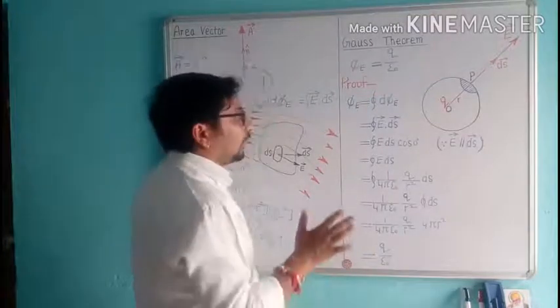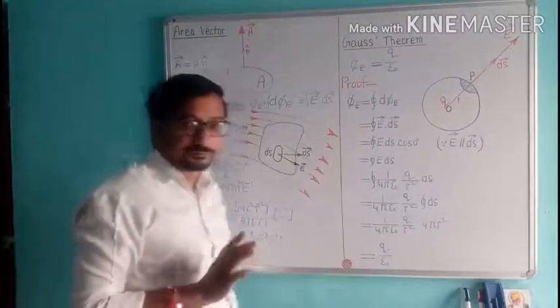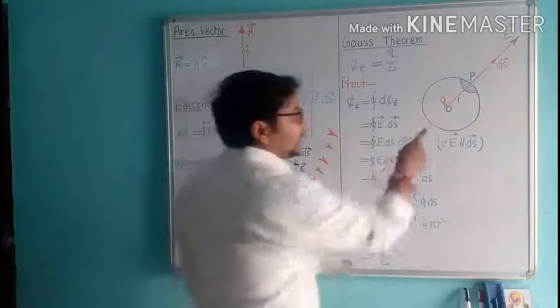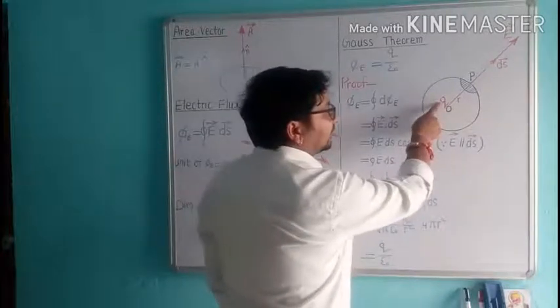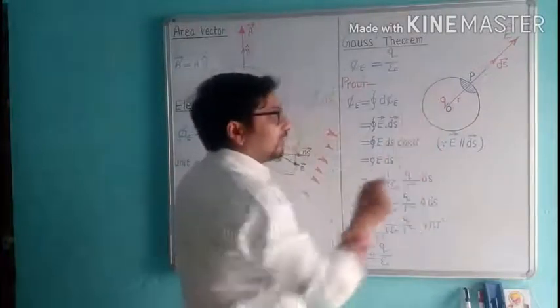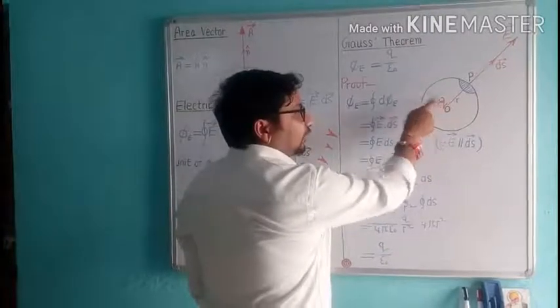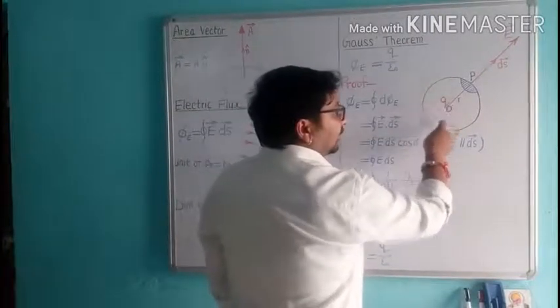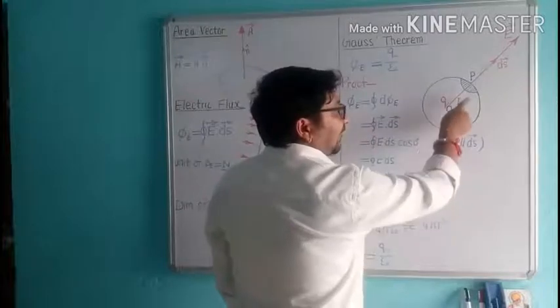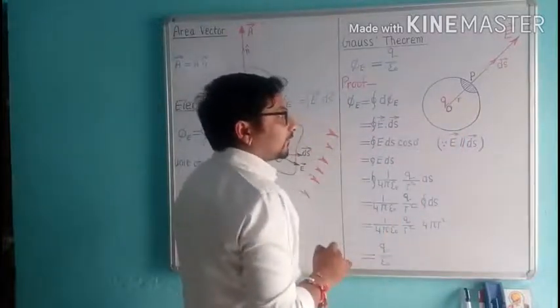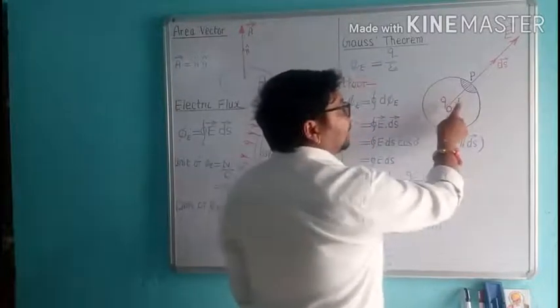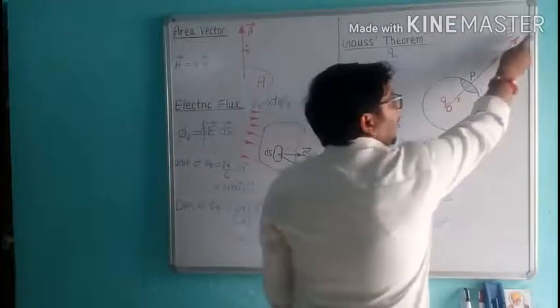Now the proof. Consider a small isolated charge Q at the center of a sphere having radius r, and the direction of the electric field is outward.